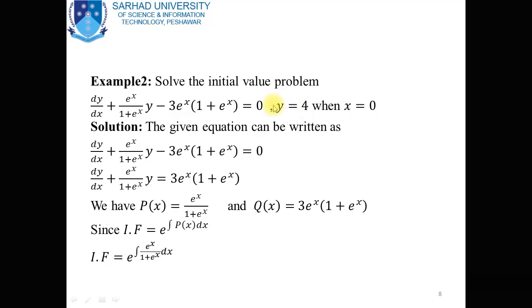This is called an initial value problem. So at the end, when we obtain the general solution of this differential equation, we obtain an arbitrary constant c. To find the value of that arbitrary constant, we use this condition, x is equal to 0 and y is equal to 4.